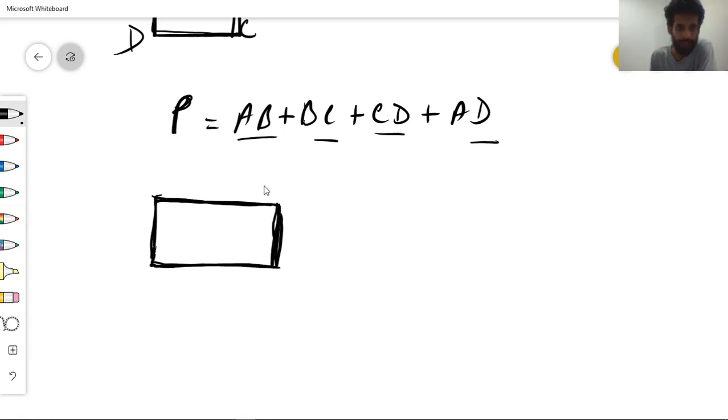Now this is a rectangle, same A, B, C, D, same names. So the perimeter will be the same. If I start from point A, I have to go till B. So AB is the first line.